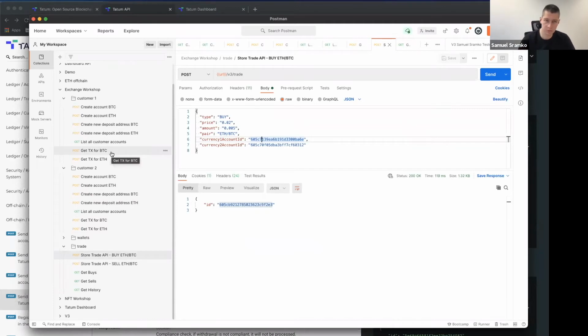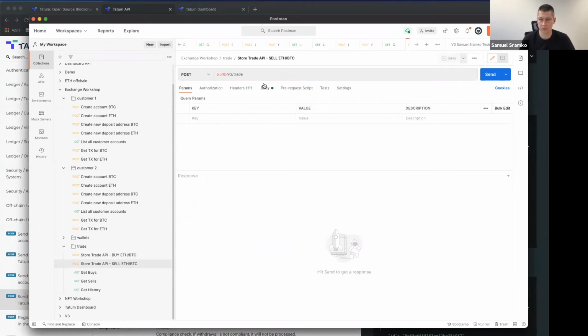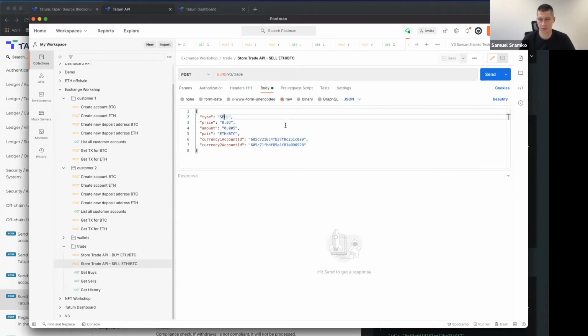There is another customer number two, who would like to sell his Ethereums for Bitcoin. So he signs into the exchange and opens the sell trade. The sell trade is exactly the same as the buy trade. The only difference is the type of the trade you are opening. He will open the trade for 0.02 Ethereum per Bitcoin.